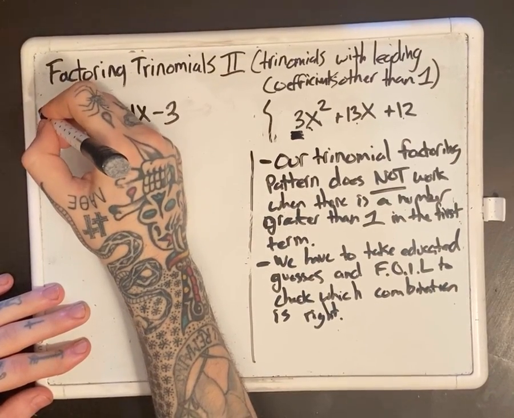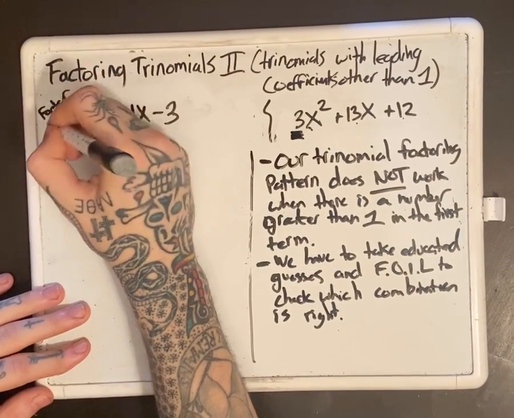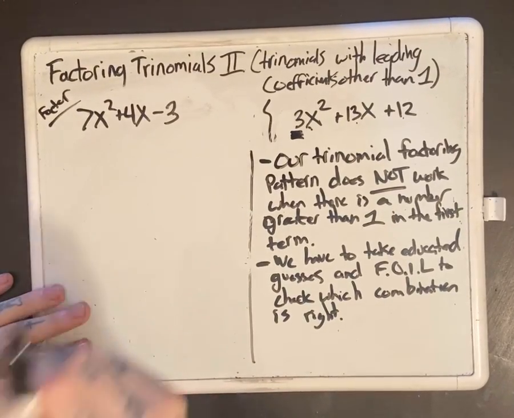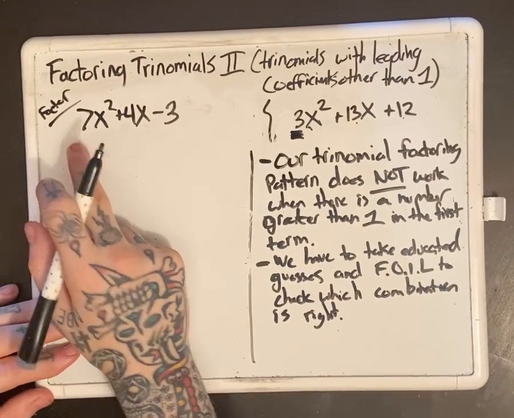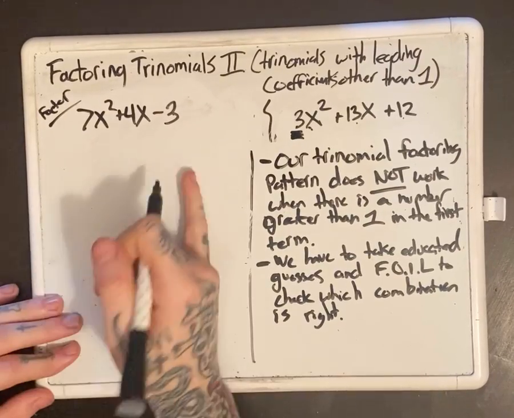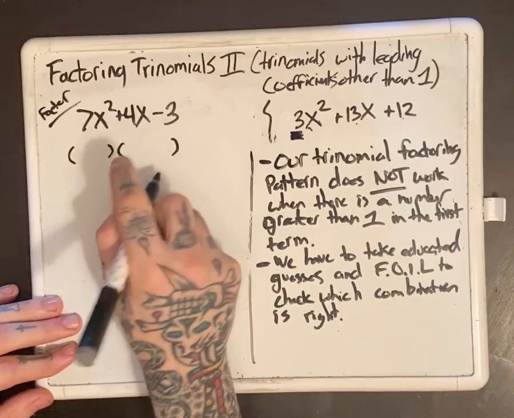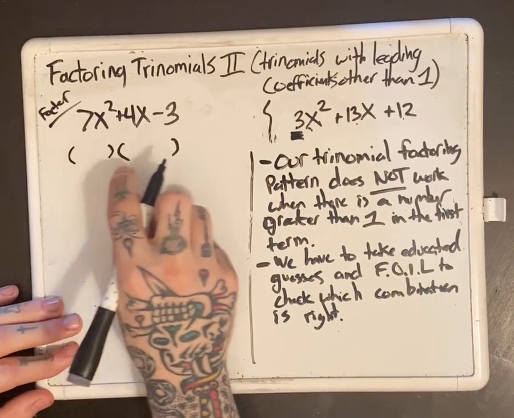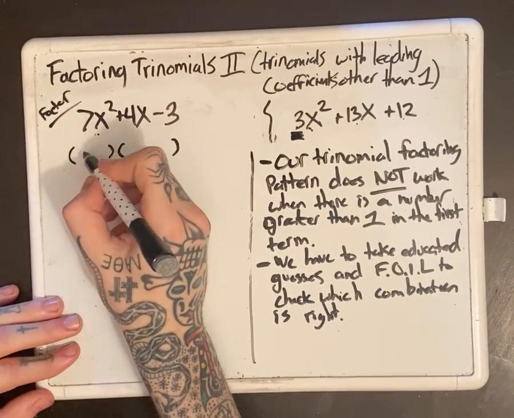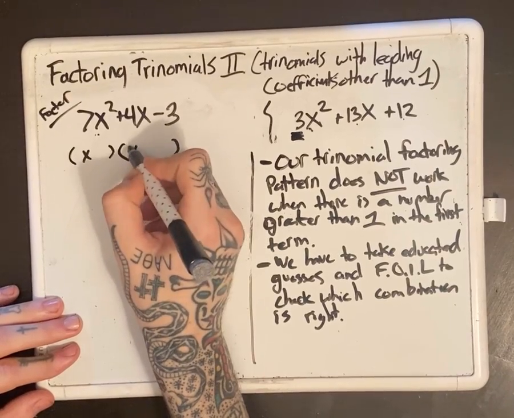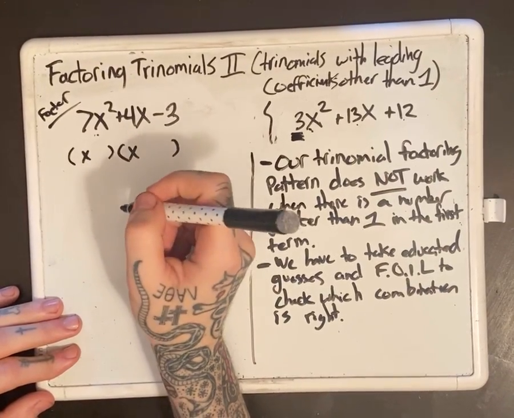So factor. Okay, so we see we have that 7 here, so we can't use our pattern. But we know the first two terms in our factored binomials have to multiply to this. So we're going to have an x and an x. Now the only factors of 7 are 1 and 7.